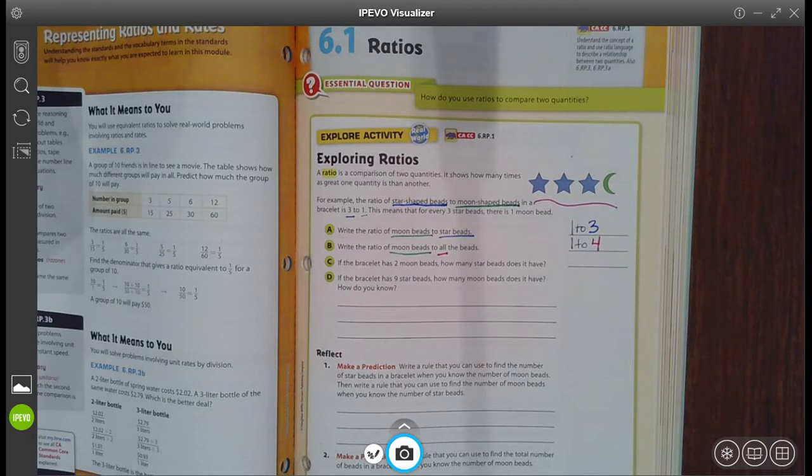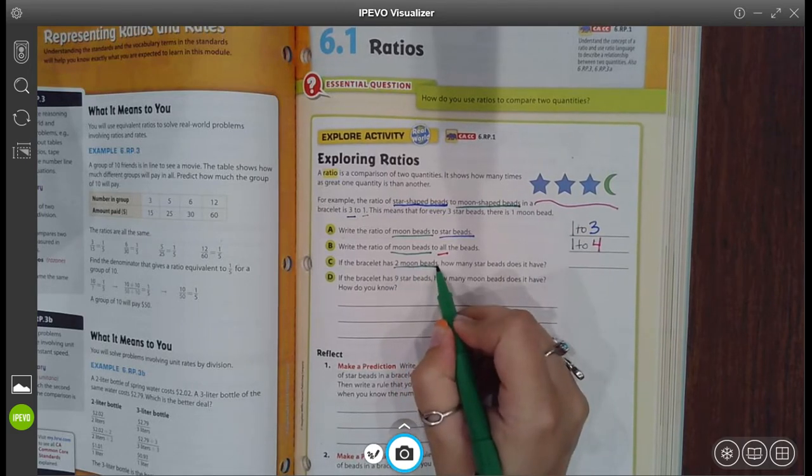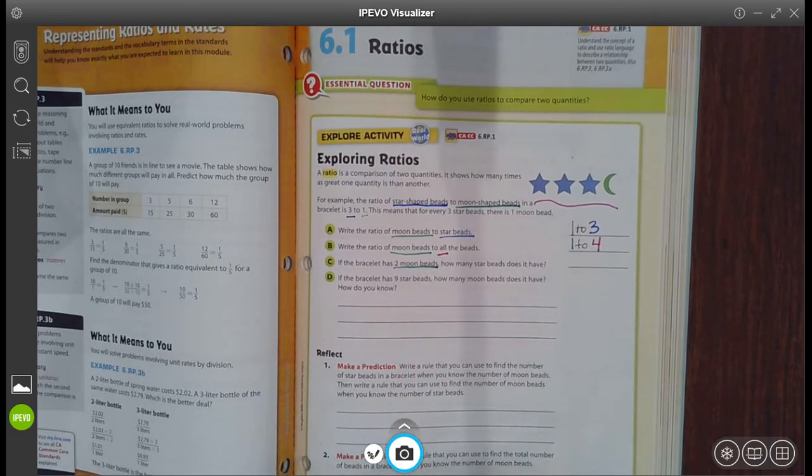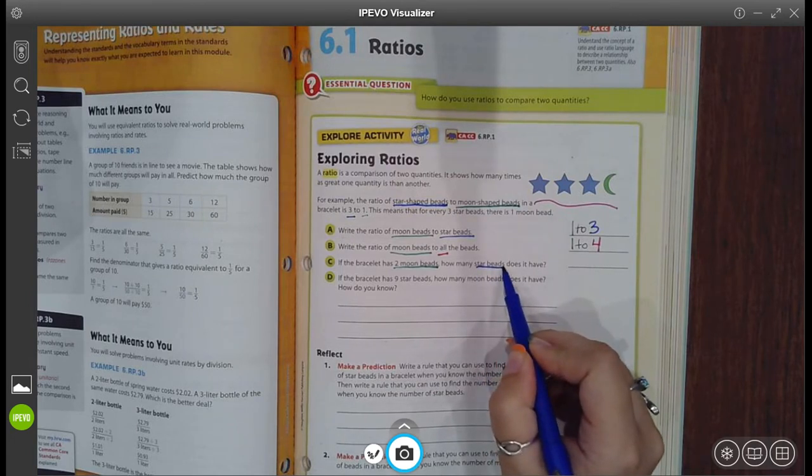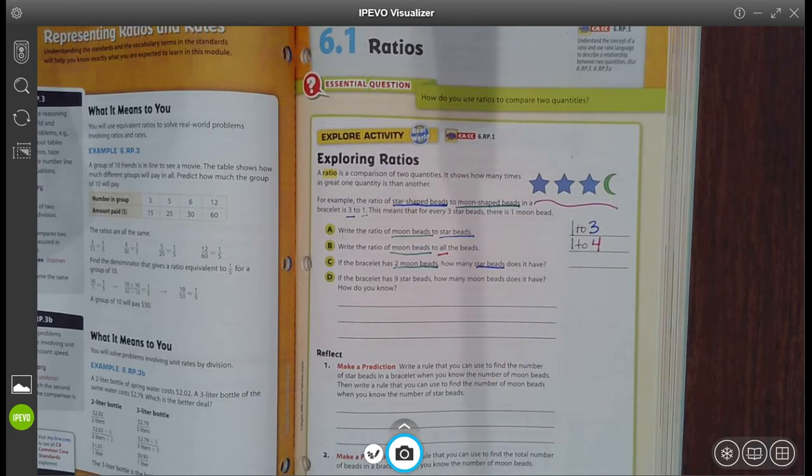C asks, if the bracelet has 2 moon beads, how many star beads does it have? So our moon beads, 2 star beads. Well, before I can answer that, I might have to do some little math here.